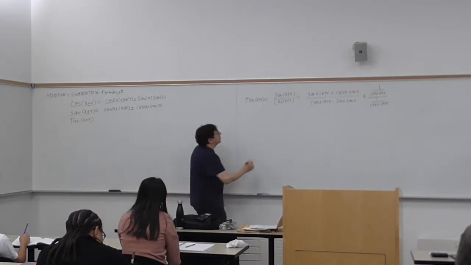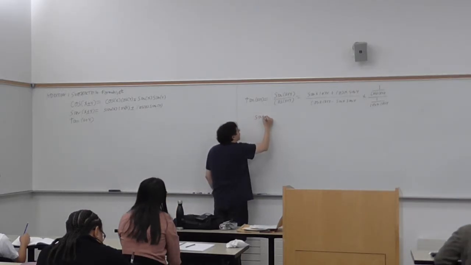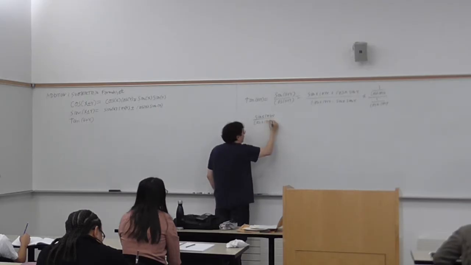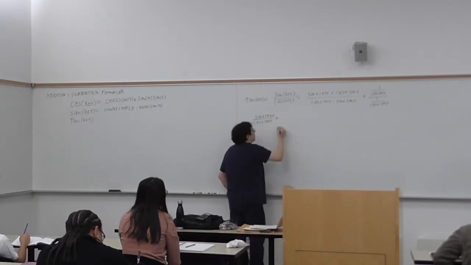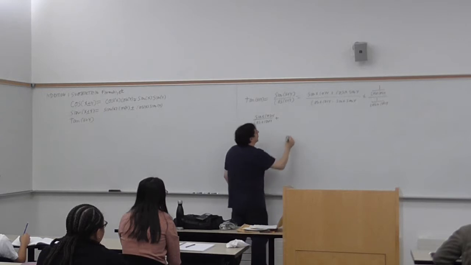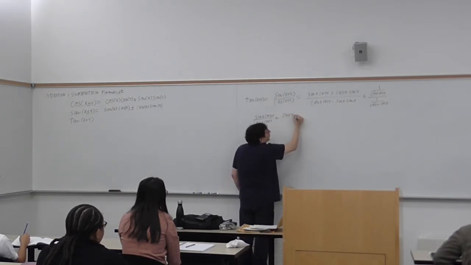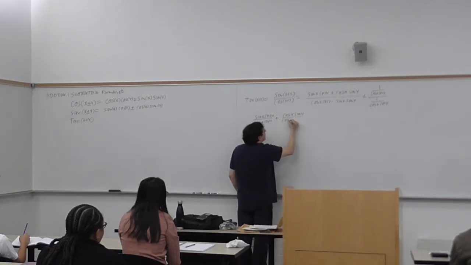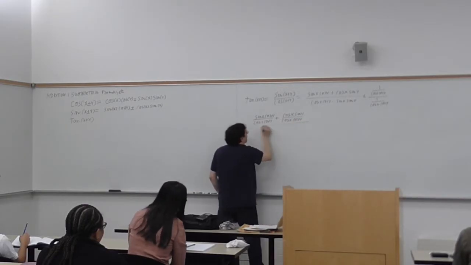So what do we get? We get sine x cosine y over cosine x cosine y. Cosine x sine y over cosine x cosine y.